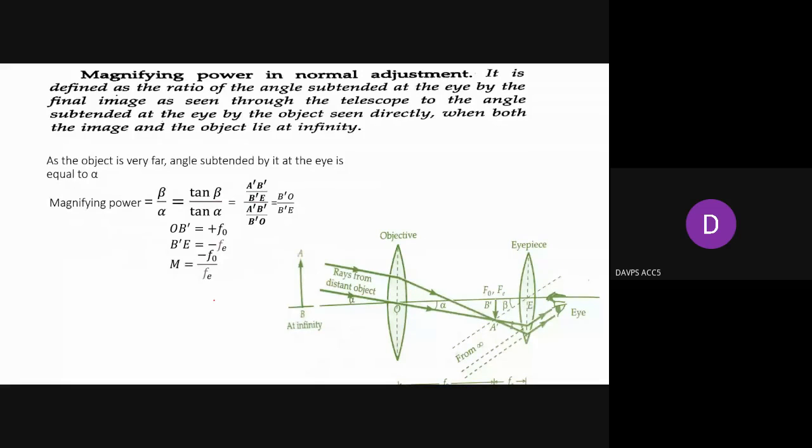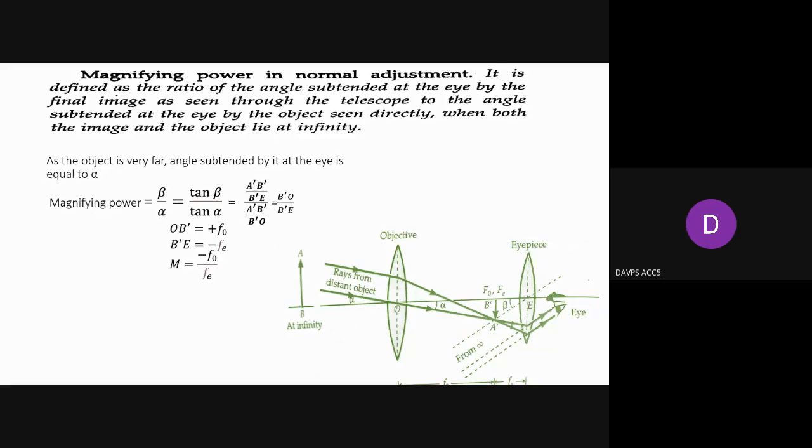The image will be formed at infinity, but simply you can write it. What is the normal adjustment? When the image is formed at infinity, this type of adjustment of the lens is called normal vision, that is, the relaxed eye. It's very interesting for the relaxed eye.